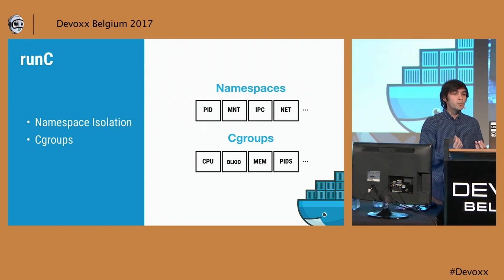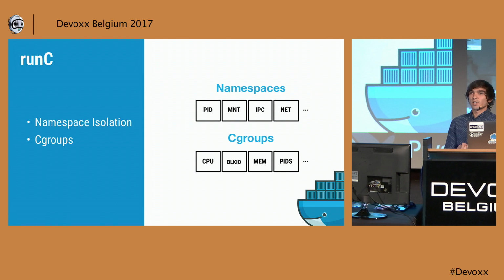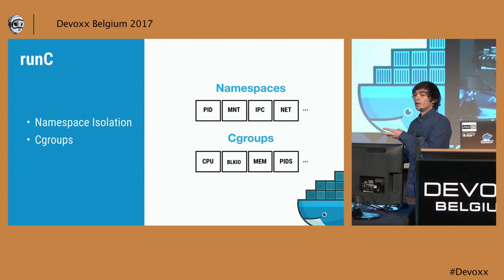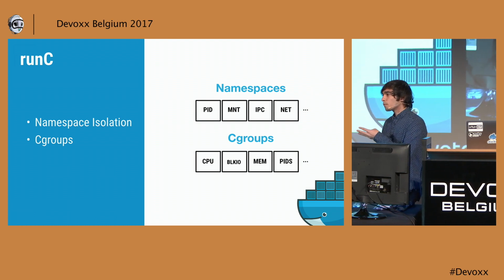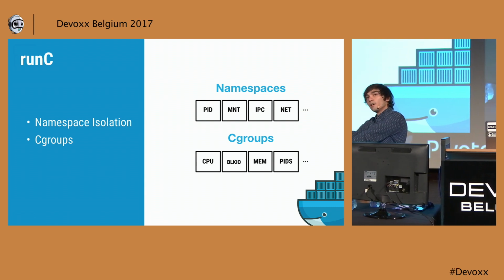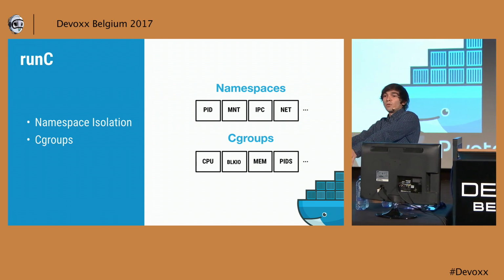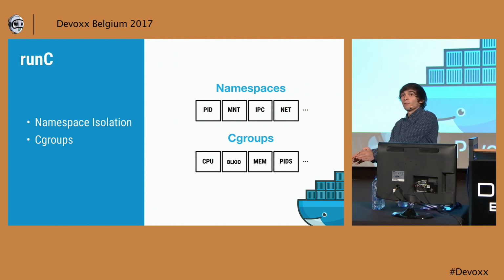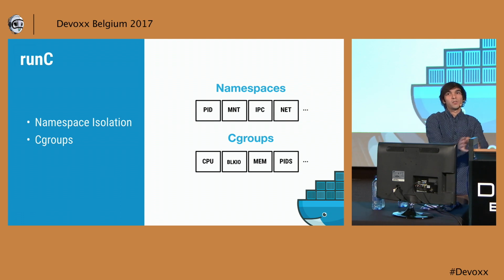And C groups are really about restricting resources from the host and between other containers. For example, you can have C groups for CPU, for memory, even for PIDs, if you'd like. With C groups, you can say, look, container A can run on CPU 1, or it runs on CPU 1 and 2. You can say this container runs with only up to half of the CPU, and this container runs with a third of the CPU, and so on and so forth.